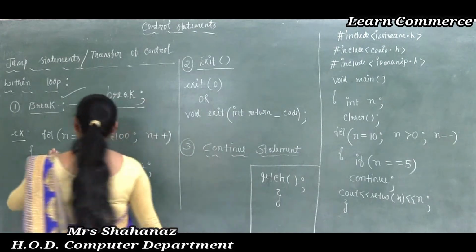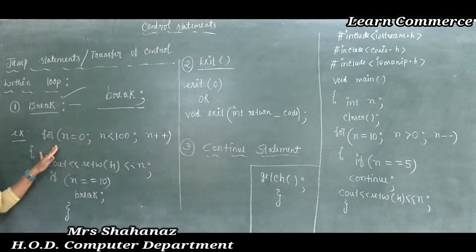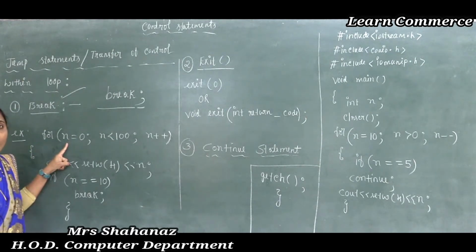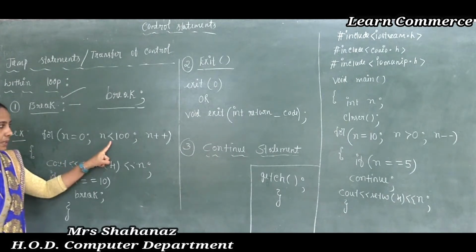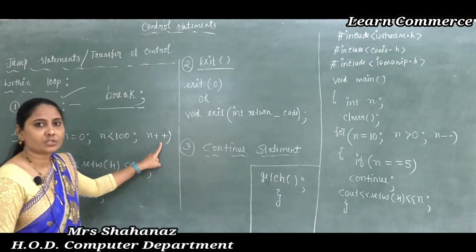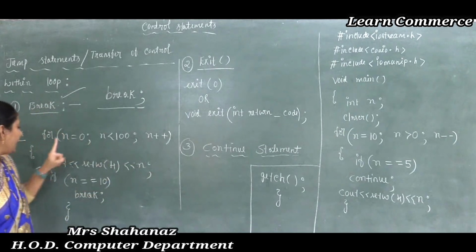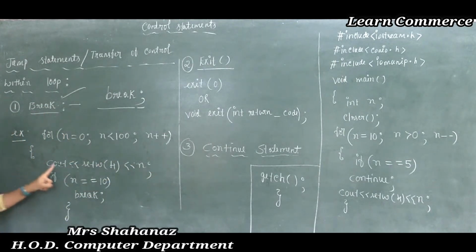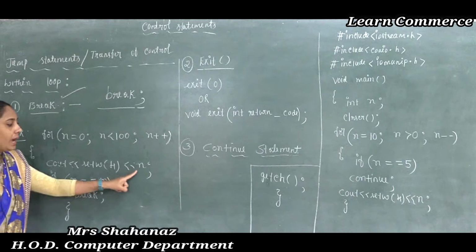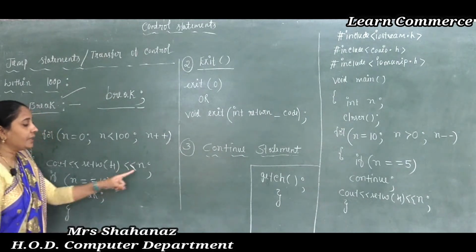Now I want to use the break statement in this example. Later I will explain this example. First of all, for, opening parenthesis, n equals 0 semicolon, n less than 100 semicolon, n plus plus, closing bracket, and then opening curly bracket, cout setw(4), and later it is going to display the n value.